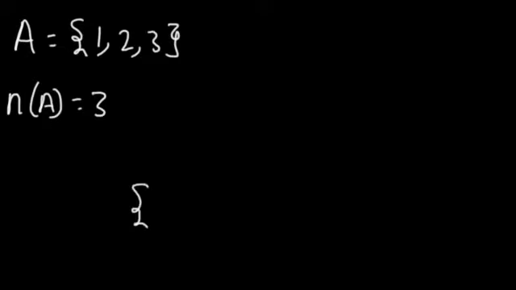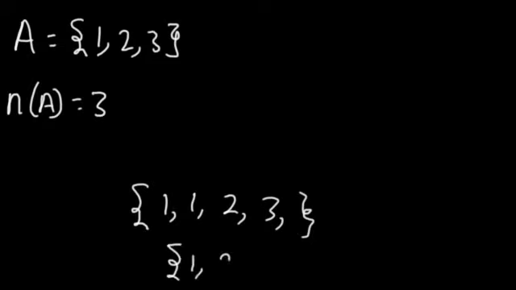If you have a set that includes 1, 1, 2, 3, this set is still the same. Just consider it as 1, 2, 3. You can't repeat it twice because the repetition is irrelevant. Hopefully you get what I mean by that. That's good, so let's move on.